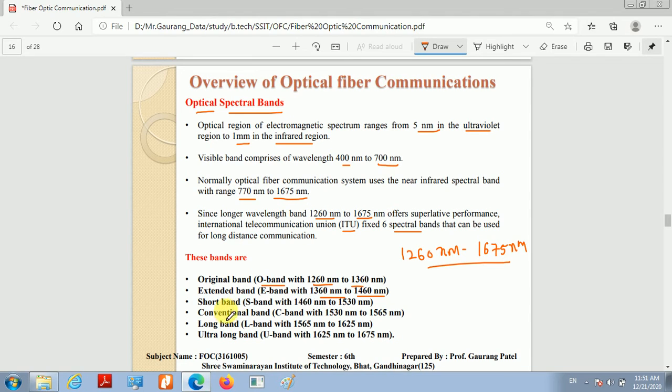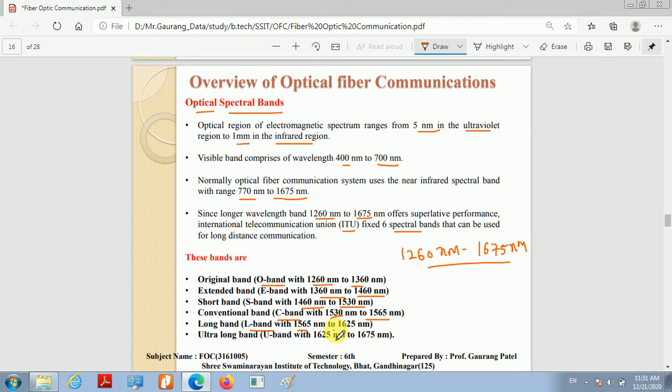The third band, known as the short band or S band, has a wavelength range from 1460 nanometer to 1530 nanometer. The fourth band is the conventional band, known as the C band, with wavelength range from 1530 nanometer to 1565 nanometer.